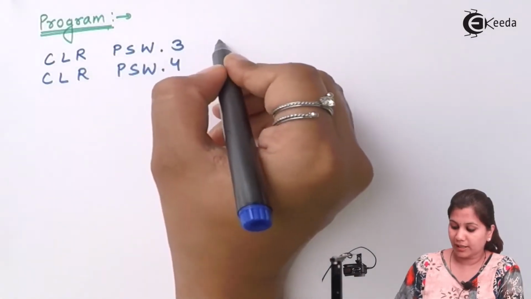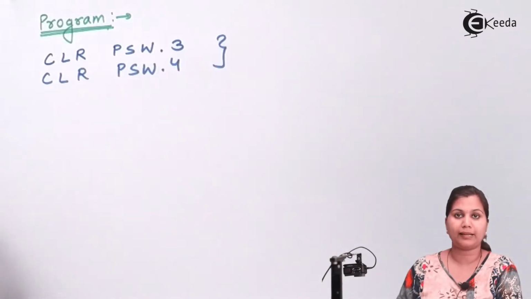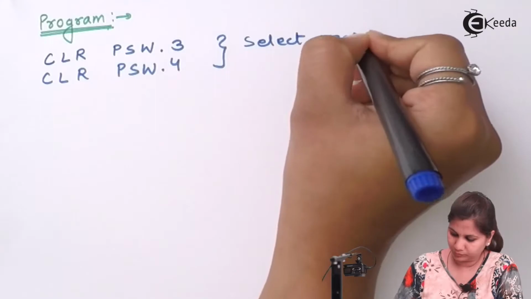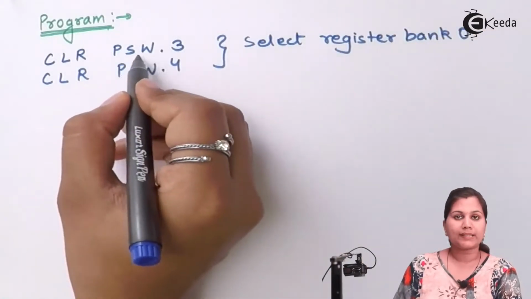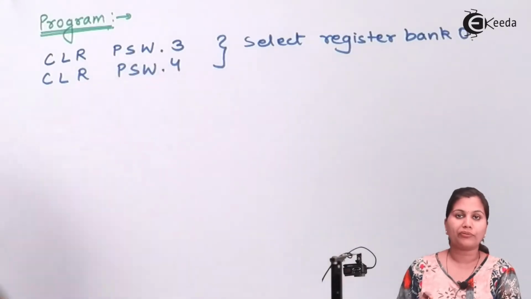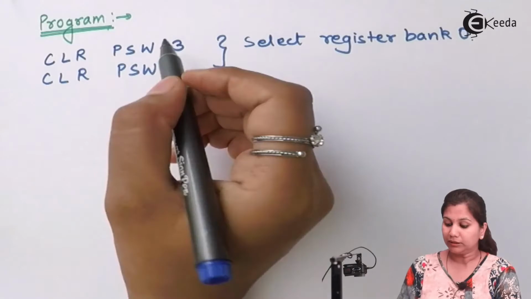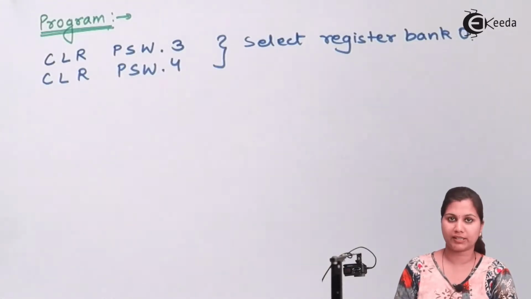These instructions are written because we want to select the register bank 0. PSW is the program status word of 8051. In this program status word, the third and the fourth bit are used for the selection of the register banks.